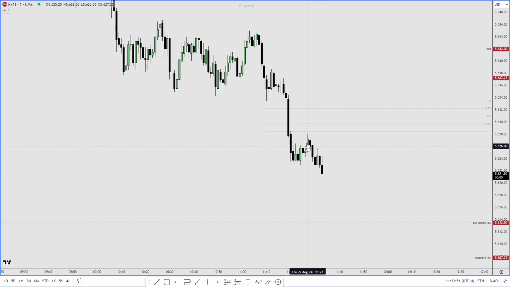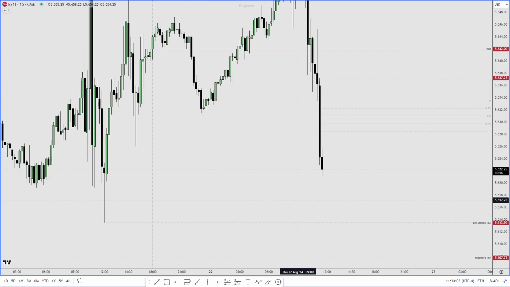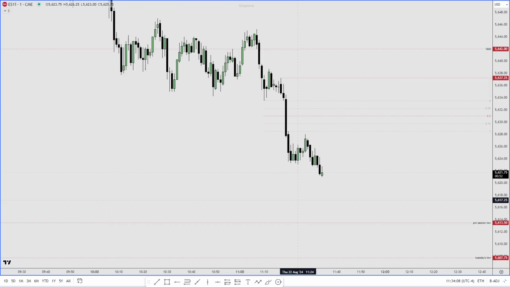Alright, so price has utilized this order block right here. NQ, it's speeding into yesterday's low.